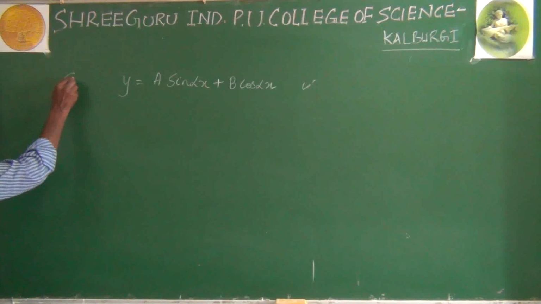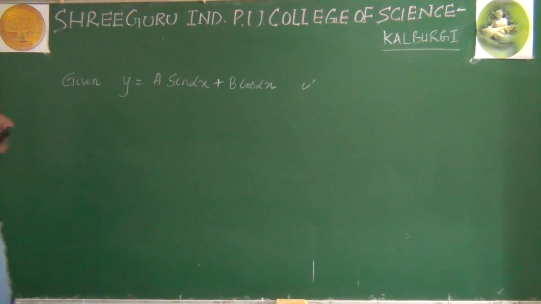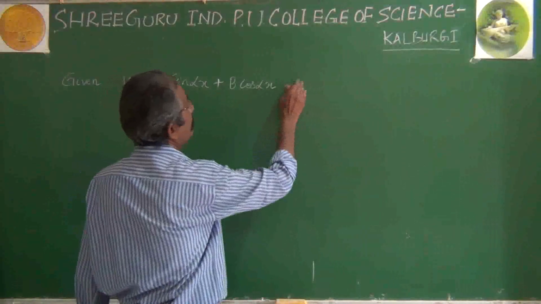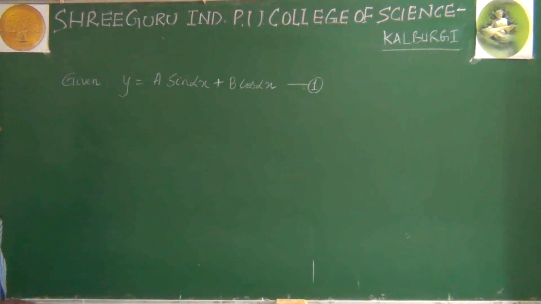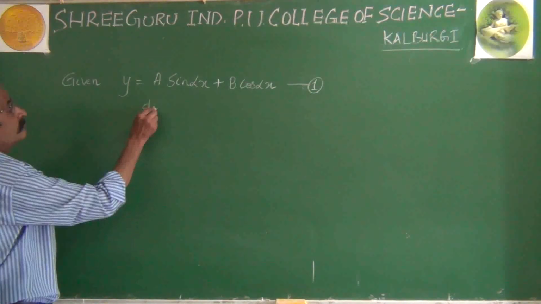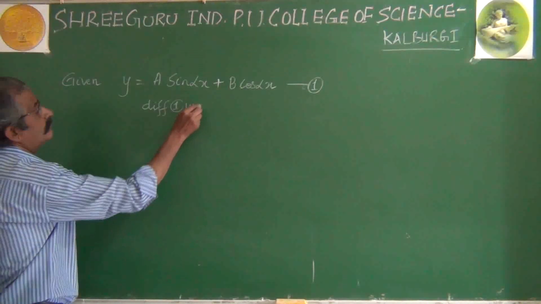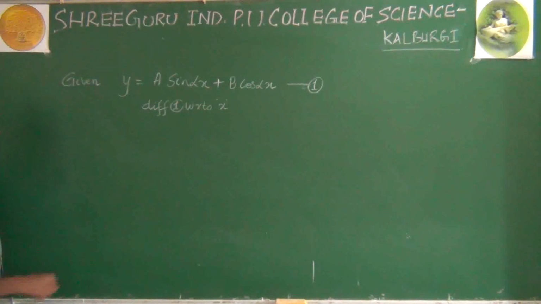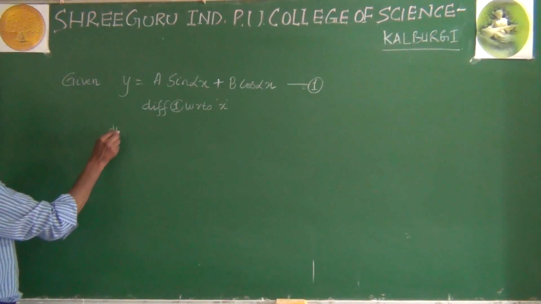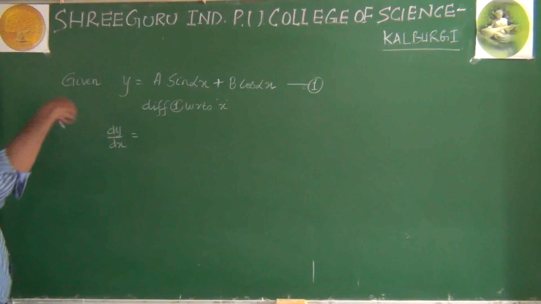You are given that y equals a sin alpha x plus b cos alpha x, call it 1. Differentiating 1 with respect to x, for the first time: left side dy by dx, right side sum rule, because there is a sum of functions.